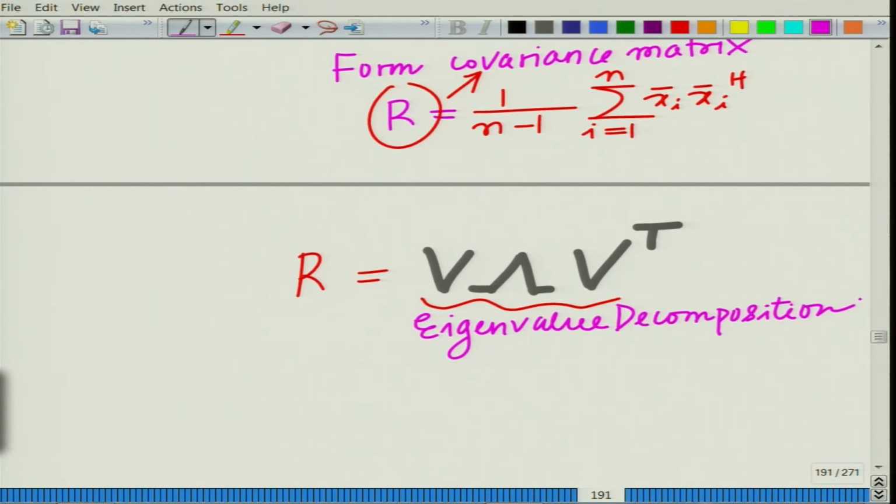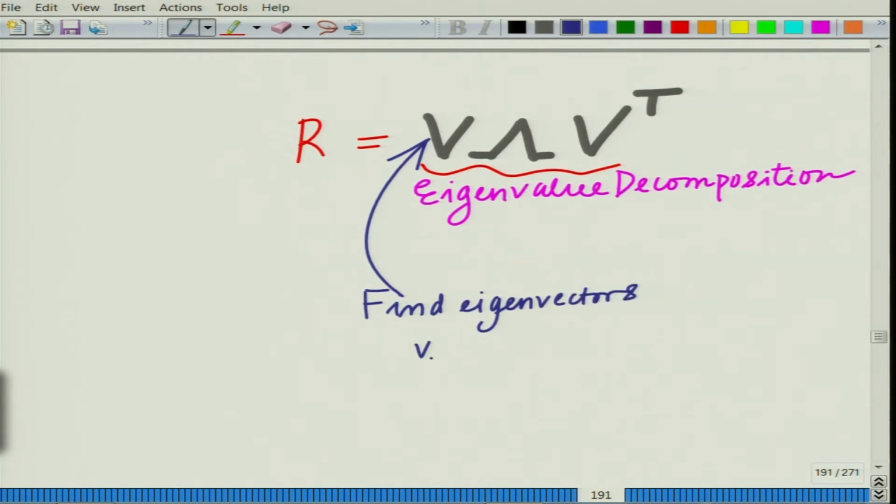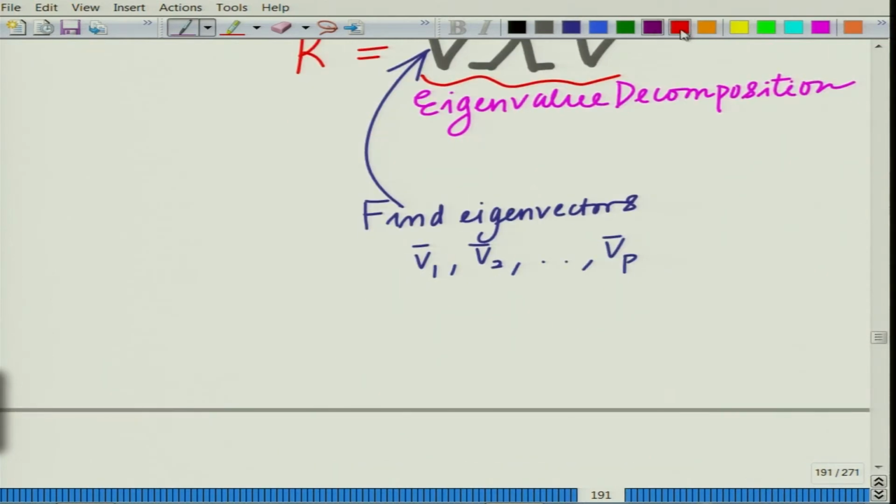We have the covariance matrix, this is basically the eigenvalue decomposition, and from this essentially what we do is we find the eigenvectors corresponding to the largest principal components. Similar to PCA, find eigenvectors V1 bar, V2 bar, up to Vp bar, these correspond to the largest principal components.